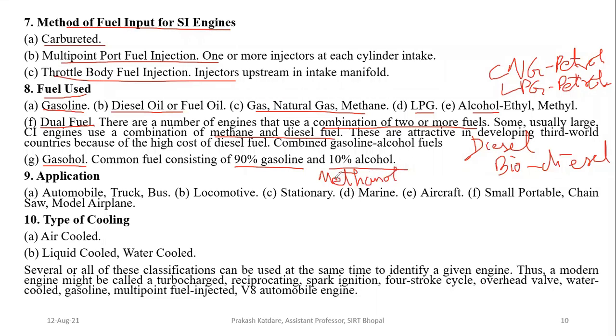Then depending upon the application, we have different types of IC engine like automobile engine, locomotive, stationary engine, which are utilized in generators, marine engine, which are utilized in ships, aircraft engine, or small portable engine like chainsaw, lawn mower, or model airplane, or you can say RC plane, remote control planes, some drones.